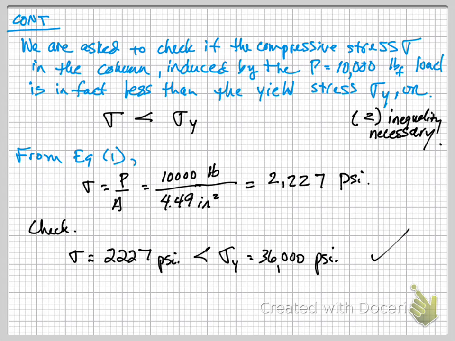It checks, and we can make the statement that therefore this column does not fail in compression. And with that, I think we're done. I hope you liked the bonus analysis.